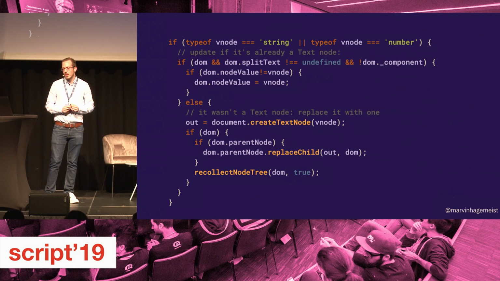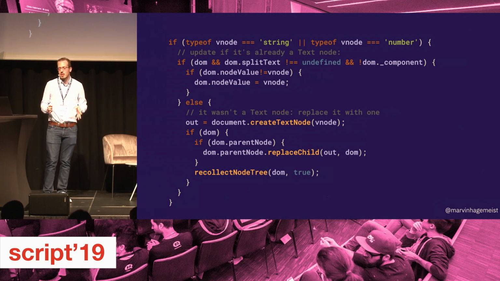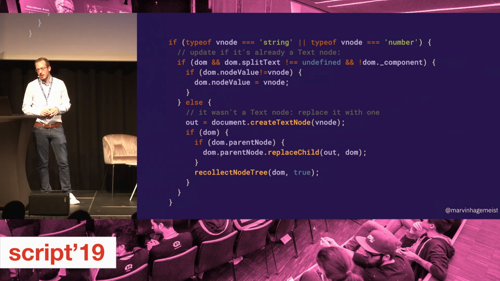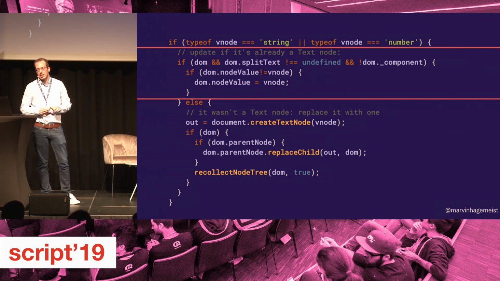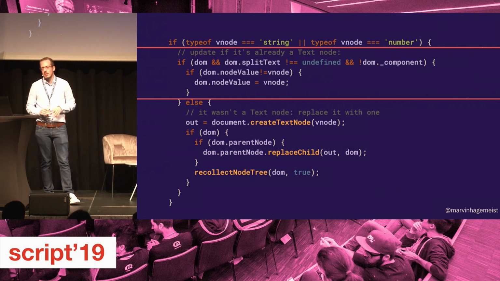So this is standard code that you'd find in Preact 8. You do not have to understand it fully, no worries. It's just more a visual representation of how much we can save. In this case, we have a text node here, and he just wants to update existing text.